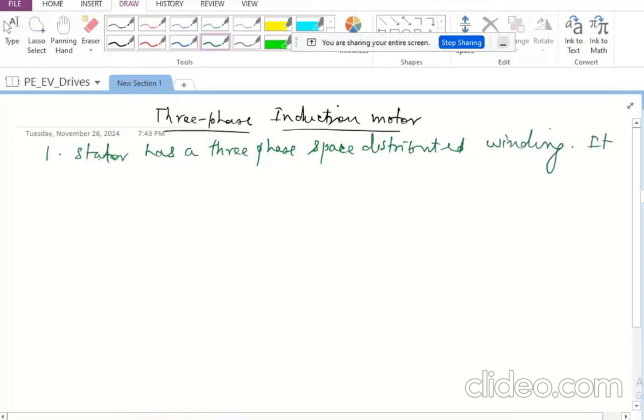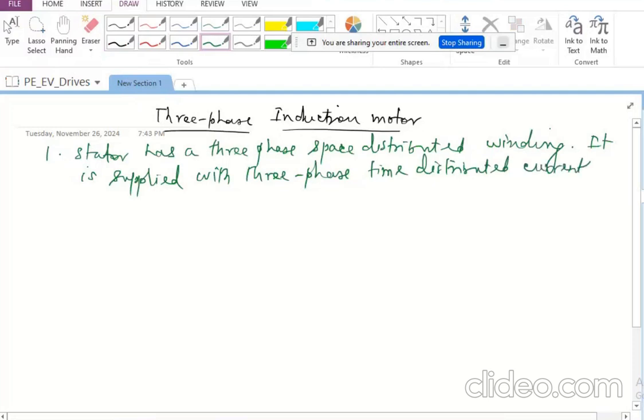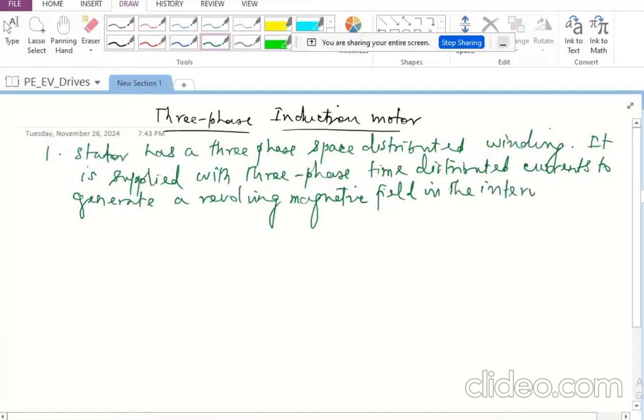It is supplied with three-phase time distributed currents to generate a revolving magnetic field in the intervening air gap between the stator and rotor.